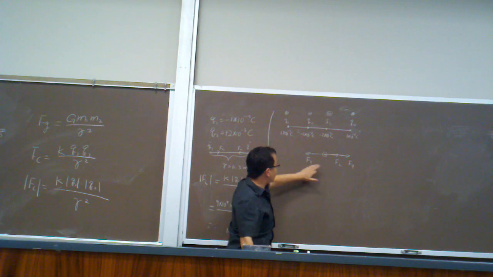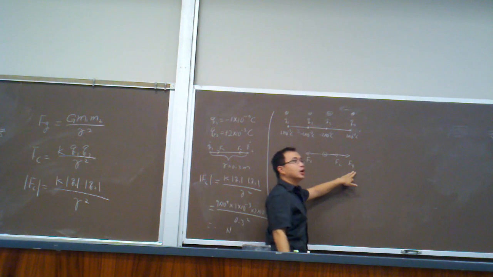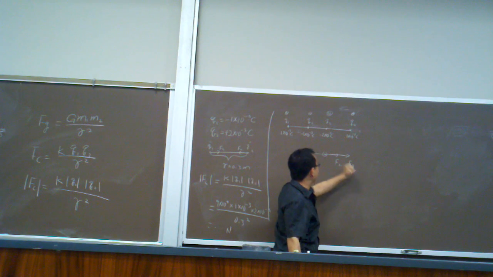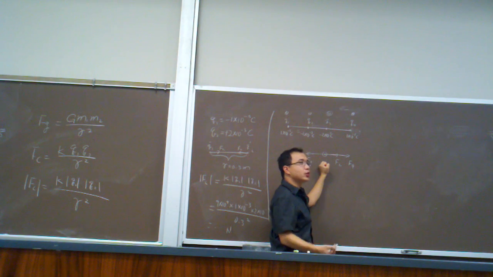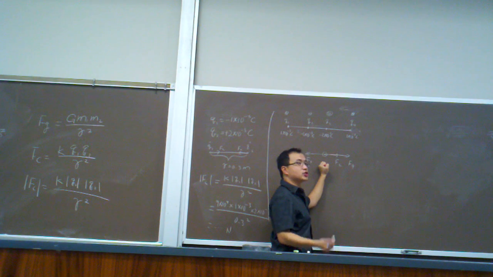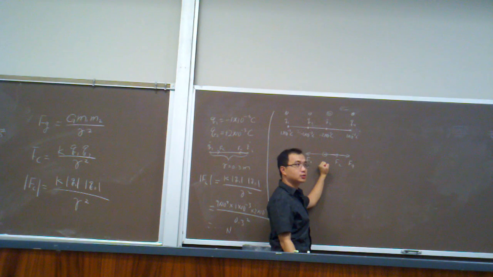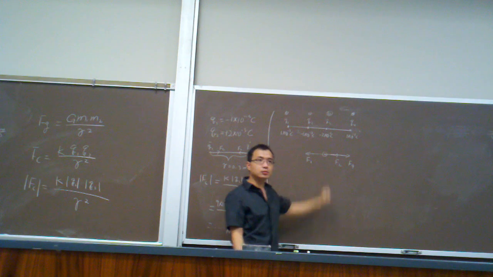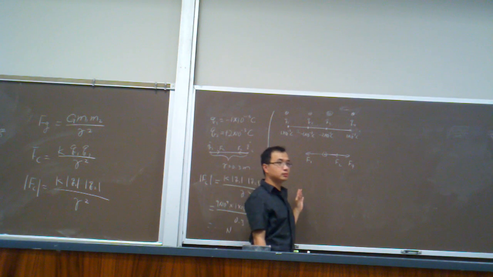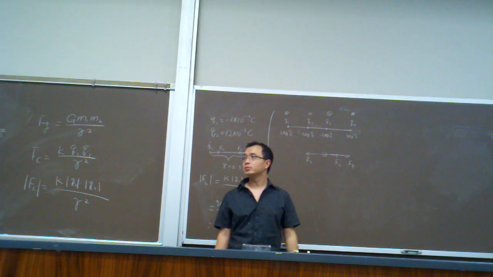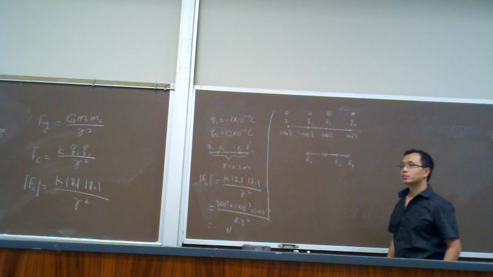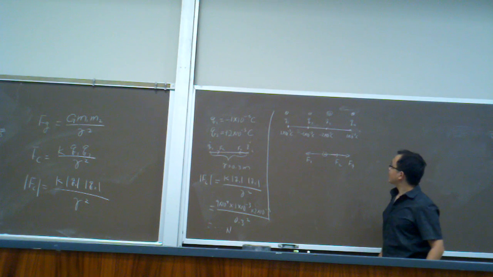Here F1, F2, F4 mean the electric force from charge 1, charge 2, charge 4 acting on charge 3. Charge 3 wouldn't give force to itself, so there is no F3, right? Any other question? How do you determine whether the charge is positive or negative?